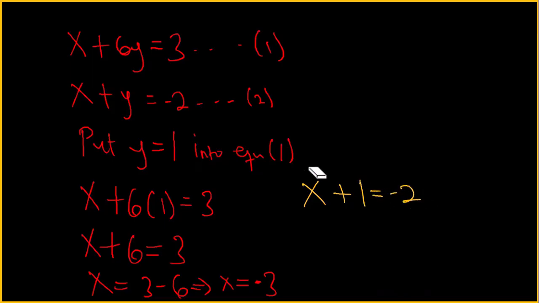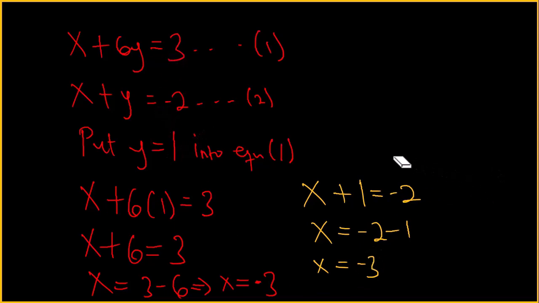So this is keeping y inside the second equation. x is equal to negative 2 minus 1. So you see, when y was kept inside the second equation, we are still getting negative 3. So any of the two equations holds. It's either y is kept inside the first equation or the second equation, you will still be getting back the same answer.